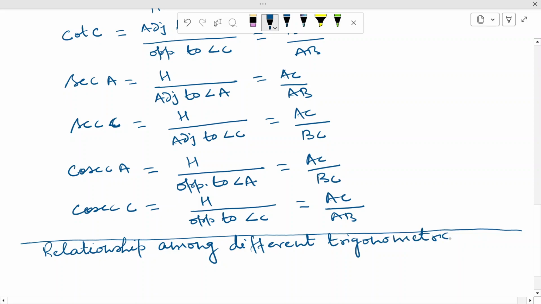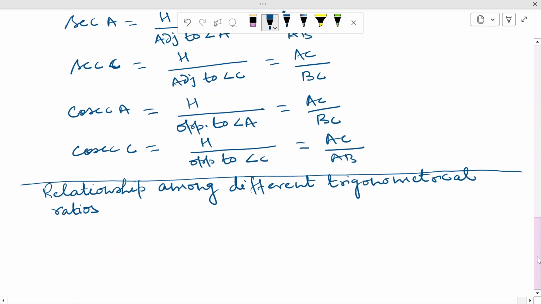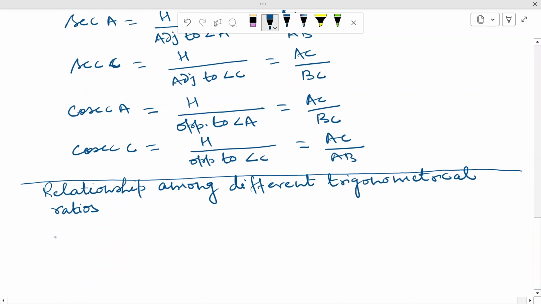Let us consider theta as a general acute angle of a right angle triangle.